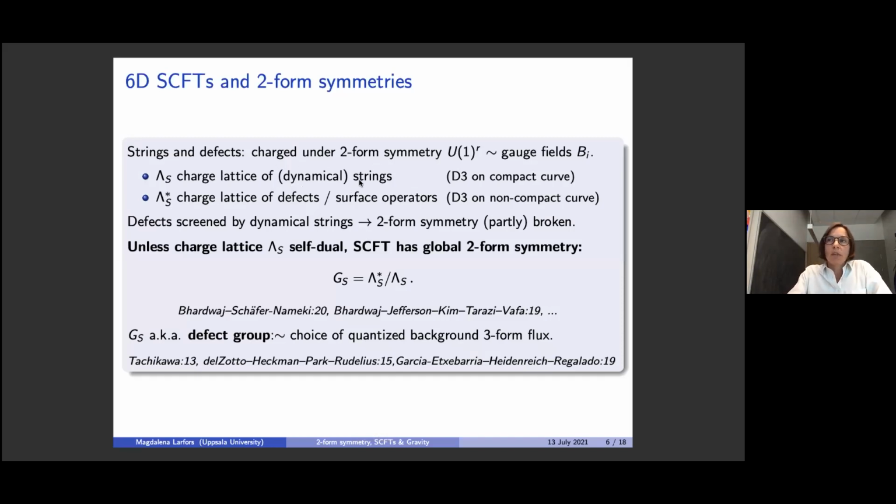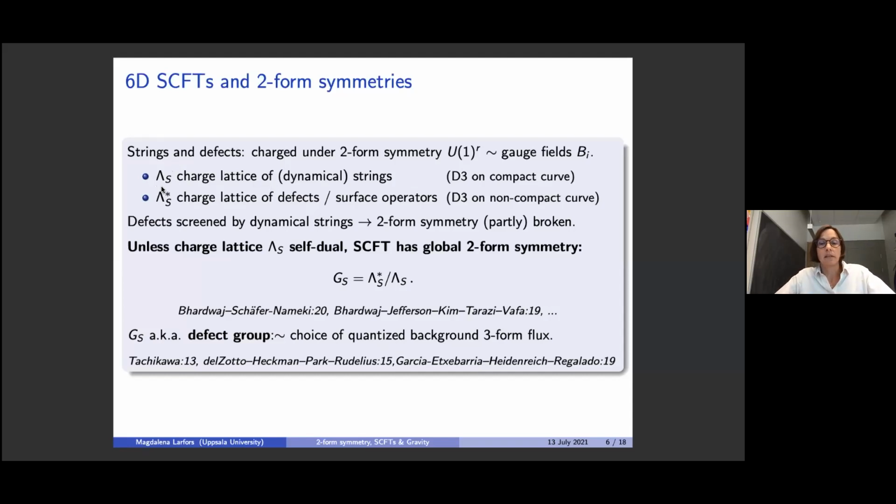What defines the theory that we get, or what kind of two-form symmetry we get, is specified by the charges of these dynamical strings and the defects and surface operators. And the charges of these are specified by certain lattices. So here's where the lattices come in.